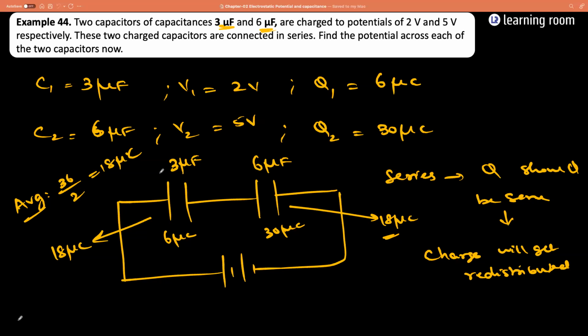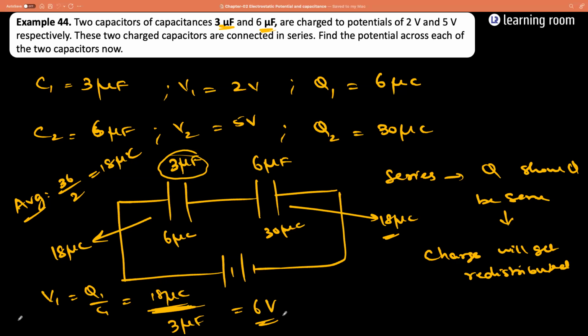Now, since you know the charge on each capacitor, is it possible for you to calculate the potential difference? So what will be the value of V1? V1 will be equal to Q1 by C1. What is the value of Q1? 6 microcoulomb divided by C1 is, oh, sorry, 18 microcoulomb divided by 3 microfarad.